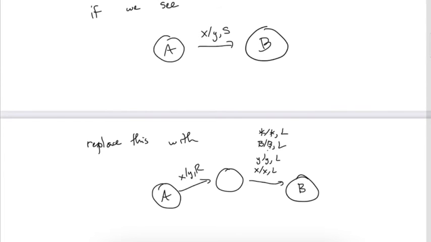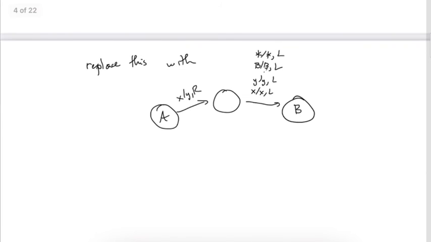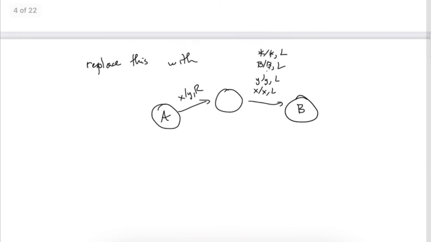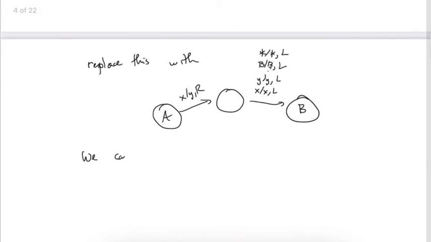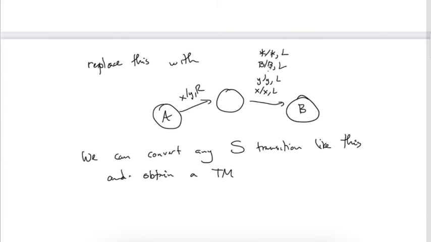So I'll say we can convert any S transition like this and obtain a Turing machine that never stays, all right?